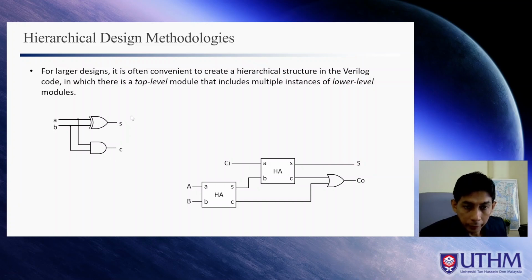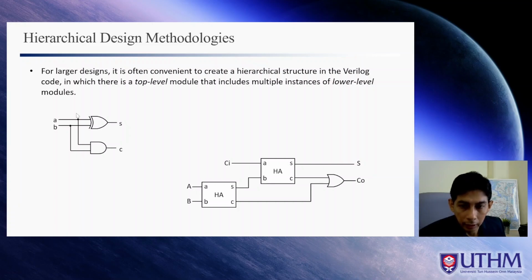For example, when we want to design a very important circuit in digital circuits, which is an adder. So this is the circuit of a half adder, right? An adder is a circuit that can add numbers. For example, if we have two numbers we want to add and get the result, we will use the adder, right?